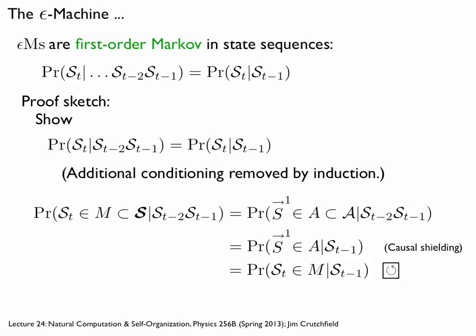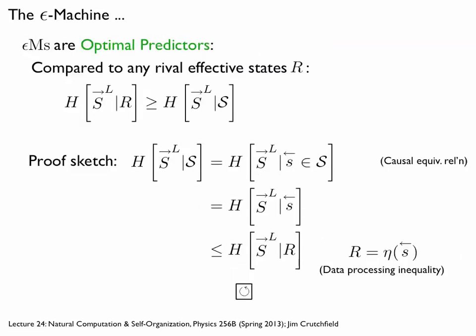Probably the most important property, or first important property, is that the Epsilon machines are optimal predictors. So, and now what do we mean by that? I want you to think back to this formal space of all possible candidate alternative models, rival models. The Epsilon machine's in there somewhere, but there are all these other choices I could make.